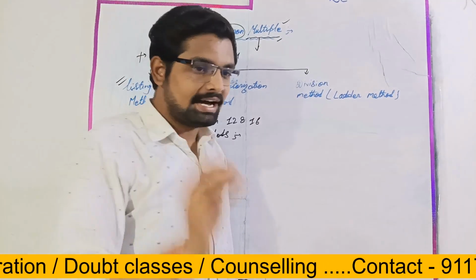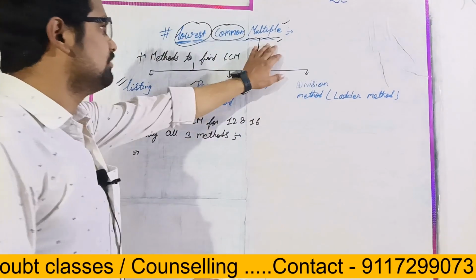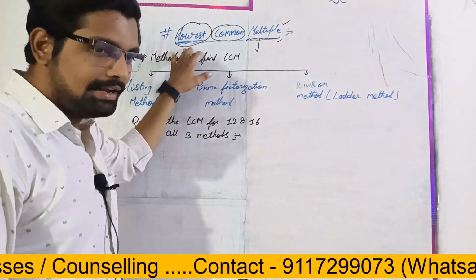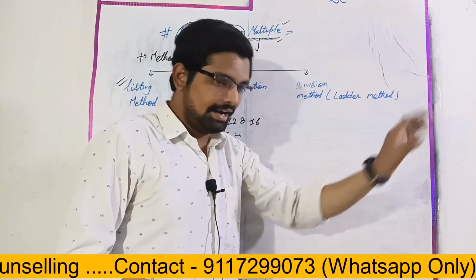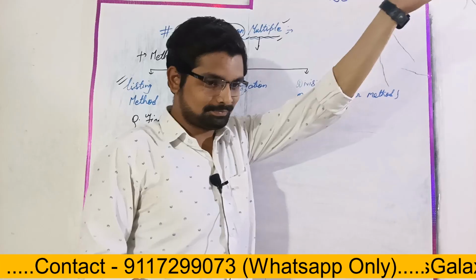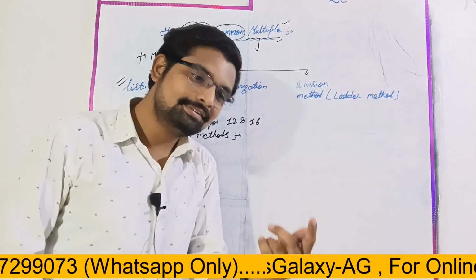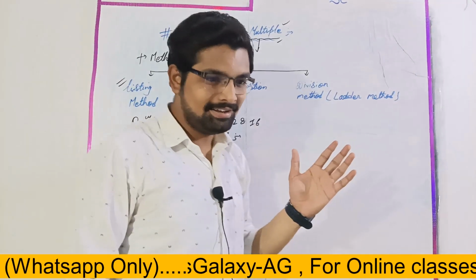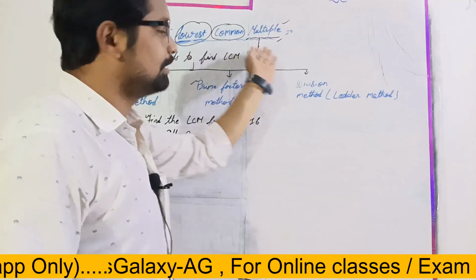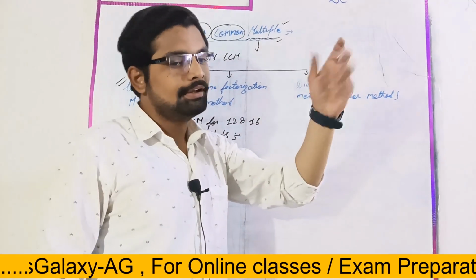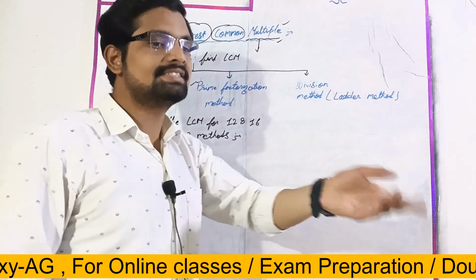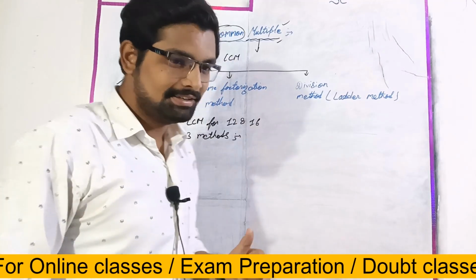That's why in multiples we find the lowest common multiple, and in factors we find the highest common factor, because the lowest common factor for every number will be 1, and the highest common multiple will be not defined, or you can say infinity. Is it clear?